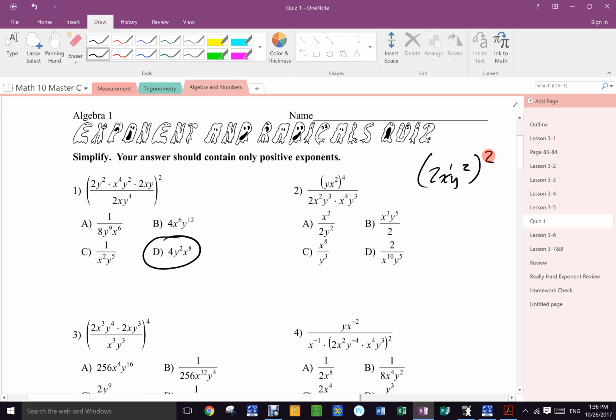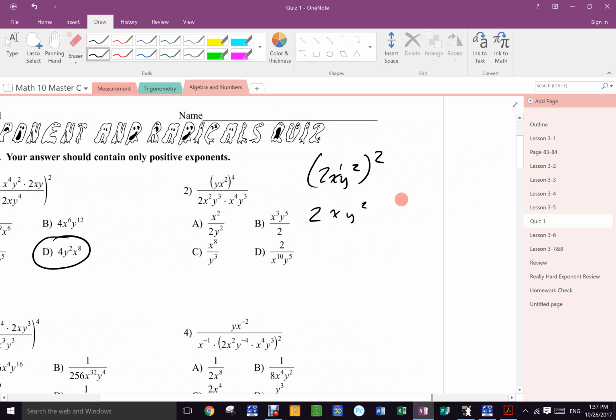So it's squared. So it's going to be x times x. What this means, Riley, is I'm taking 2x y squared and I'm squaring it. So I'm going to multiply it by itself again, right? So 2xy squared means I have 2xyy, yes? And this is 2xyy, right?